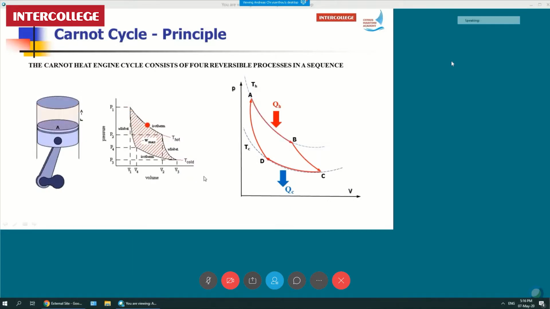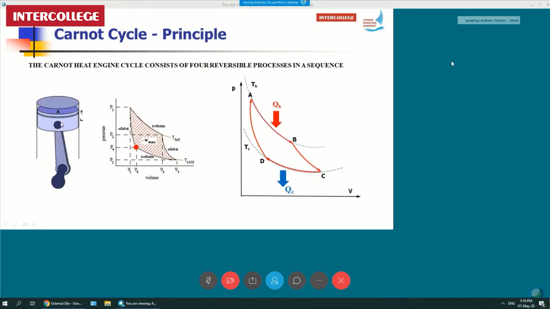Now, you can see clearly in another example here, not only related to power generation, the Carnot cycle, how it's happening in the case of a piston. Especially if you notice this part here, which is the expansion, during the expansion the piston goes down.